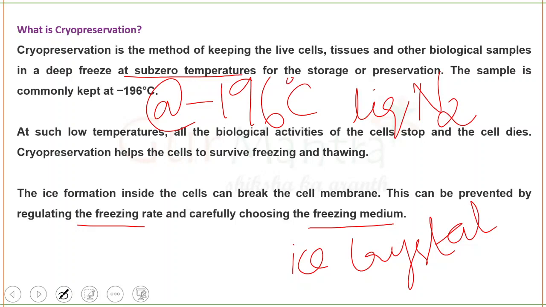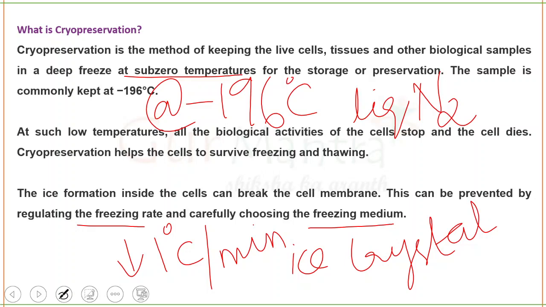All of this matters. Usually the temperature will be reduced 1 degree Celsius per minute. This is how they decrease the temperature, 1 degree Celsius per minute. If they use this rate for freezing, then the cells will not form ice crystals.